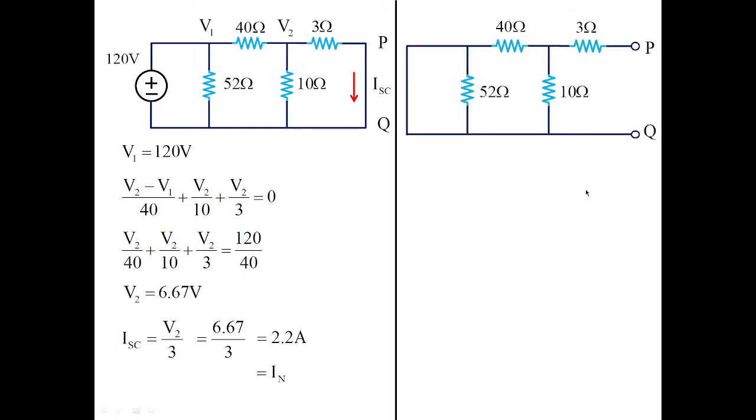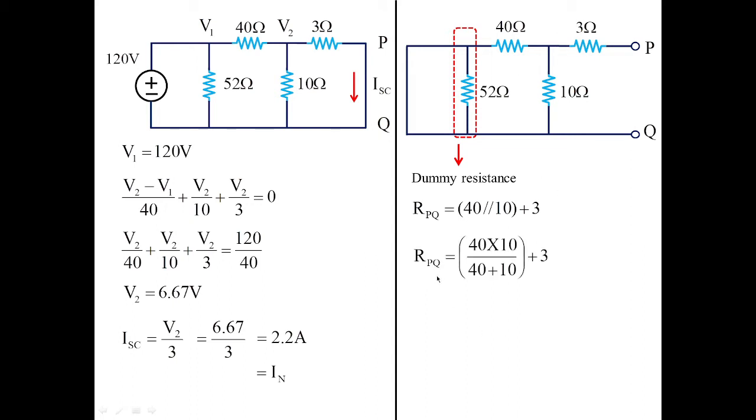Now let us calculate the resistance R equivalent across PQ. As I told you, when this is shorted, this 52 ohms has no impact, so it becomes a dummy resistance. Therefore, RPQ is obtained as the combination of the rest of the resistors. You can see 40 is in parallel with 10, and the resultant is in series with 3.